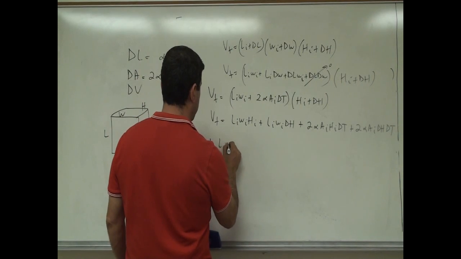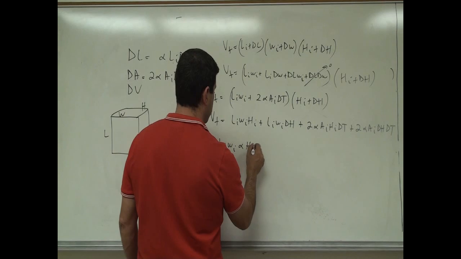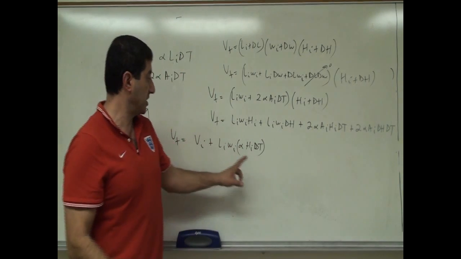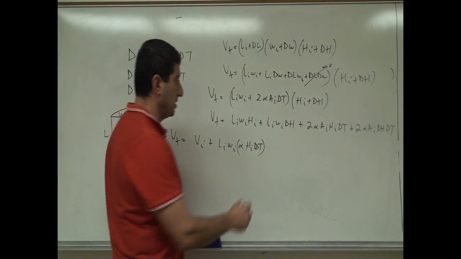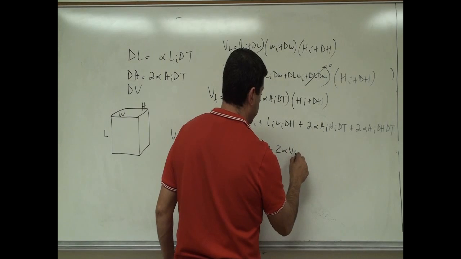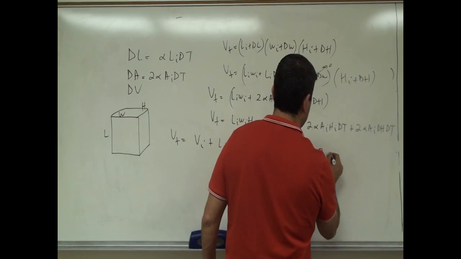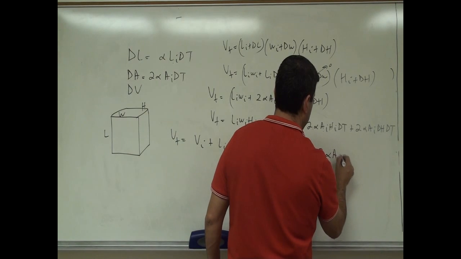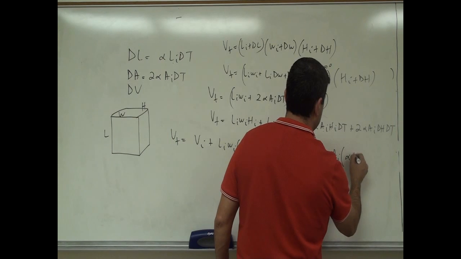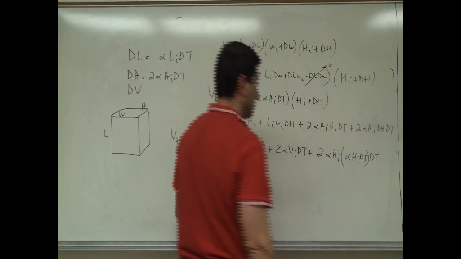Then we put here L initial, W initial, delta H, which is alpha H initial delta T. So wherever we have a delta H, we use alpha H initial delta T. Then we have here 2 alpha A initial, H initial, which is the initial volume, plus 2 alpha A initial, and then delta H is alpha H initial delta T, times delta T.